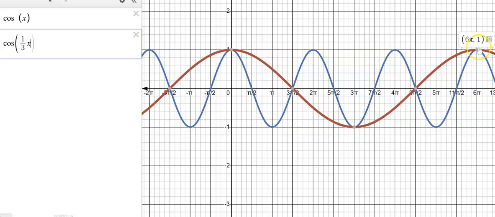So it would go to 6 pi to get one period in, compared to the original period. Because 2 pi divided by 1/3 is the same thing as saying 2 pi times 3, so my new period is 6 pi. Do you see that?